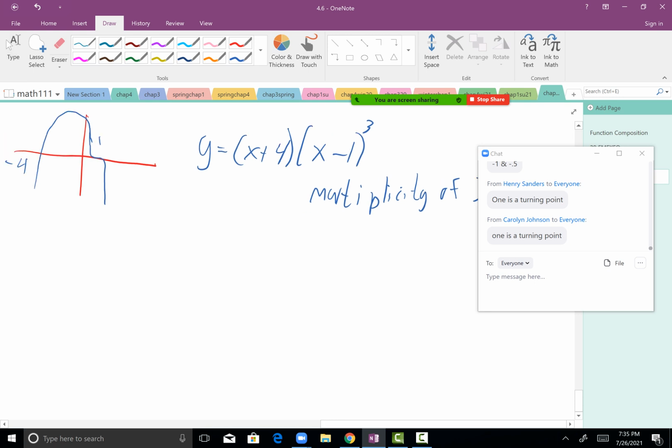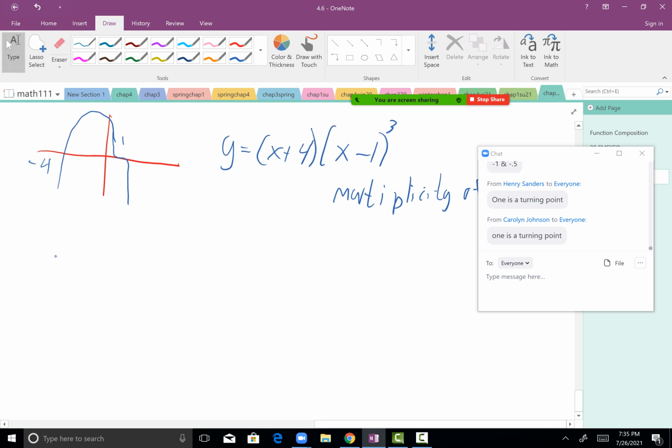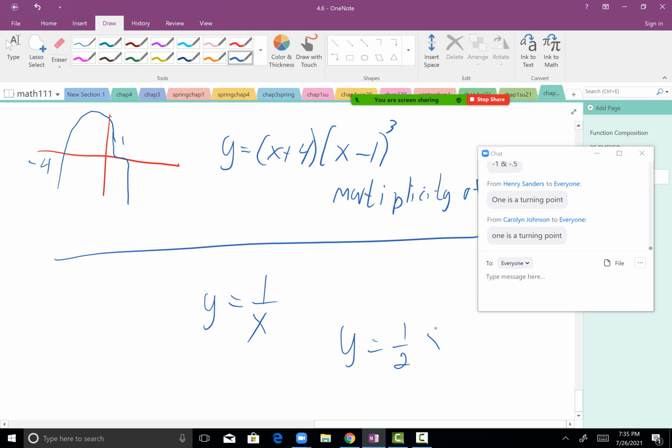A polynomial is not something that looks like this. You cannot have an x in the bottom. You can have this as a polynomial. The x is not on the bottom of that. So this is not a polynomial. This is one.